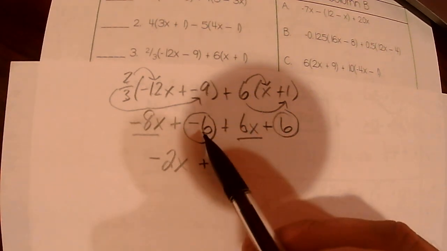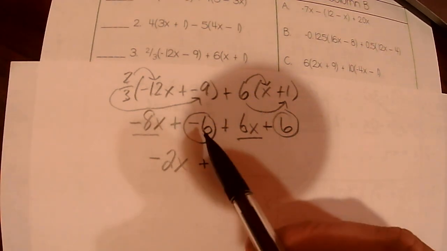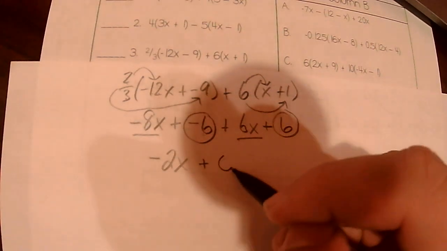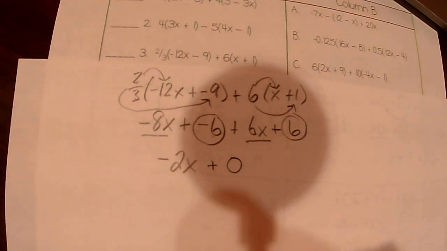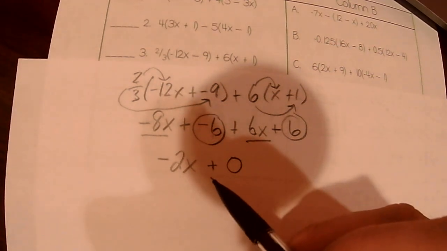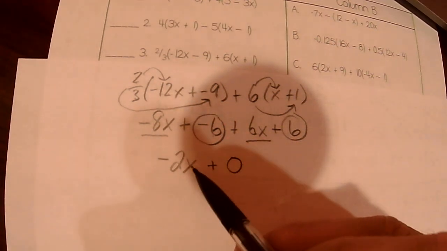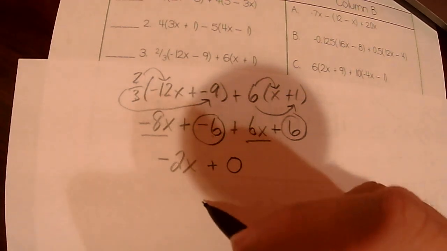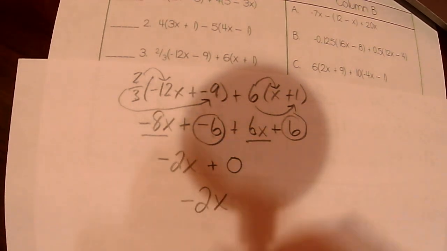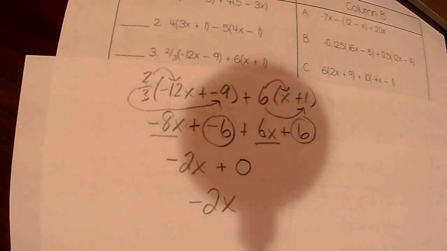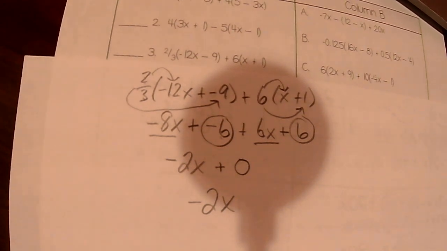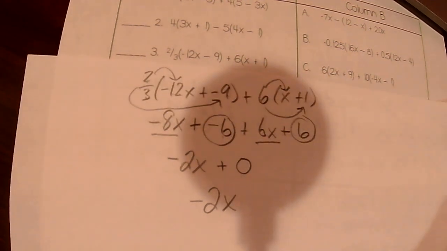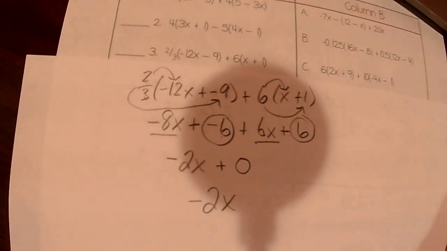They're opposites. We also call them additive inverses. And when we add additive inverses together, we always get 0. This would be one instance where technically they're not like terms, but if you add 0 to anything, you just get what you started with. So we have a solution of negative 2x as we simplify this expression with no parentheses and the fewest number of terms. In fact, we just have one term here.